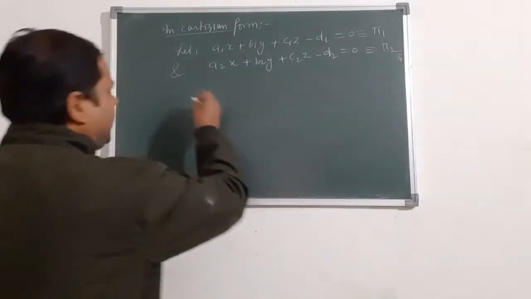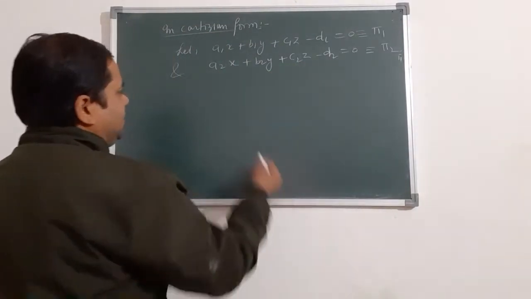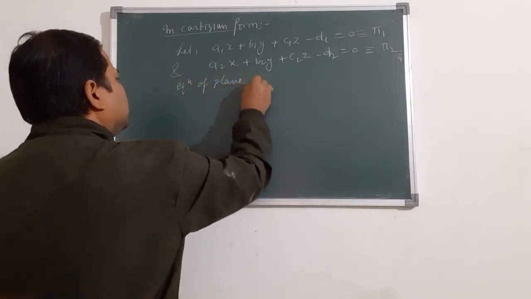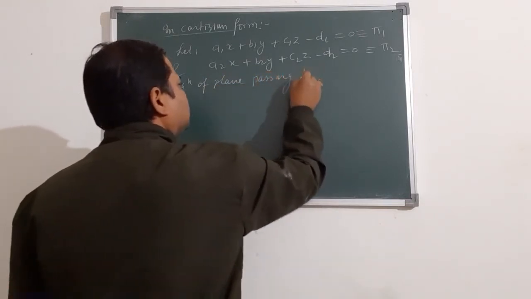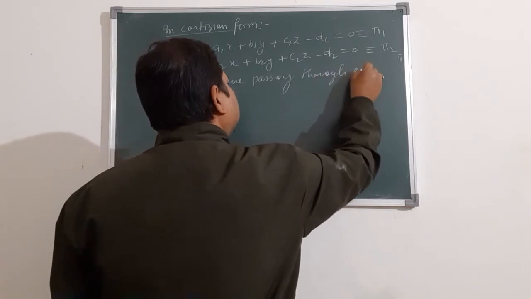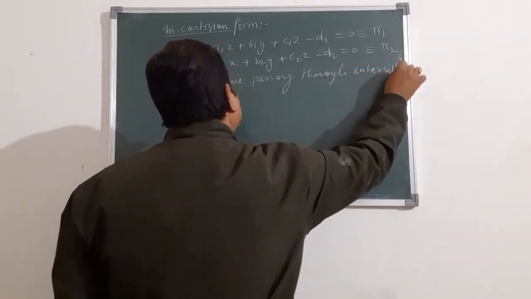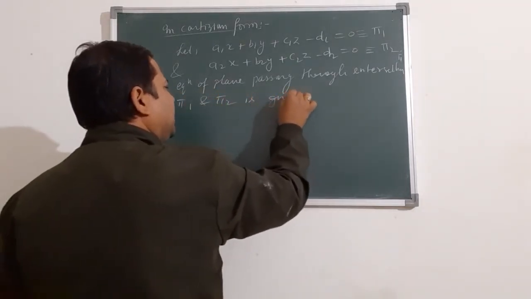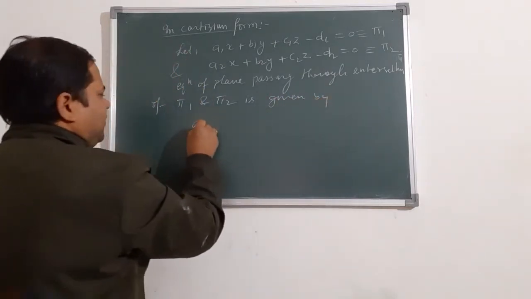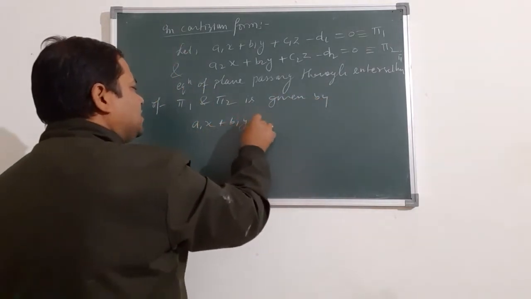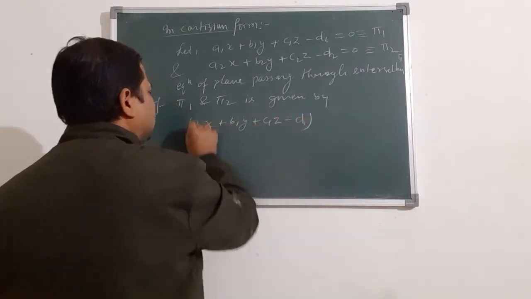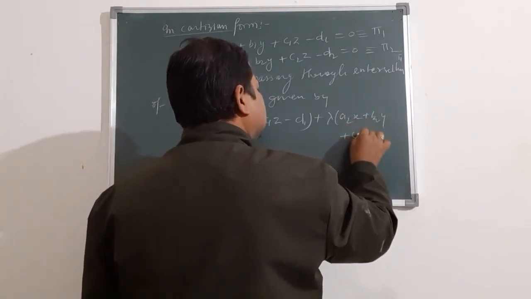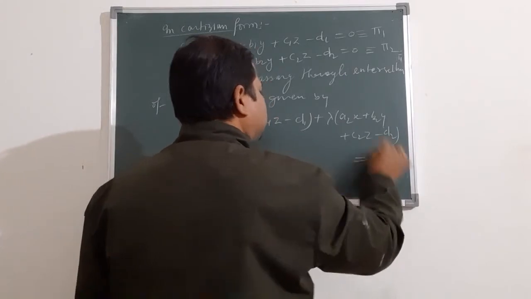Okay, the equation of plane passing through the intersection of these two planes, pi 1 and pi 2, is given by a1x plus b1y plus c1z minus d1 plus lambda times a2x plus b2y plus c2z minus d2 is equal to 0.